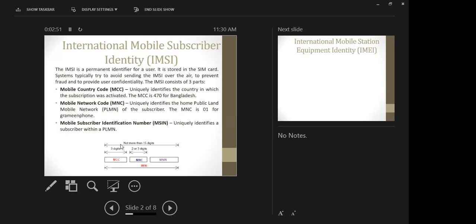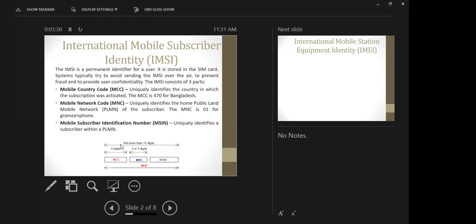That 880 is something used by people, not in the network. In the network, to route your call they use IMSI, not your phone number. Also for international routing they don't use 880, they use 470. But these things are not known to the users. This is something the technical guys work with.